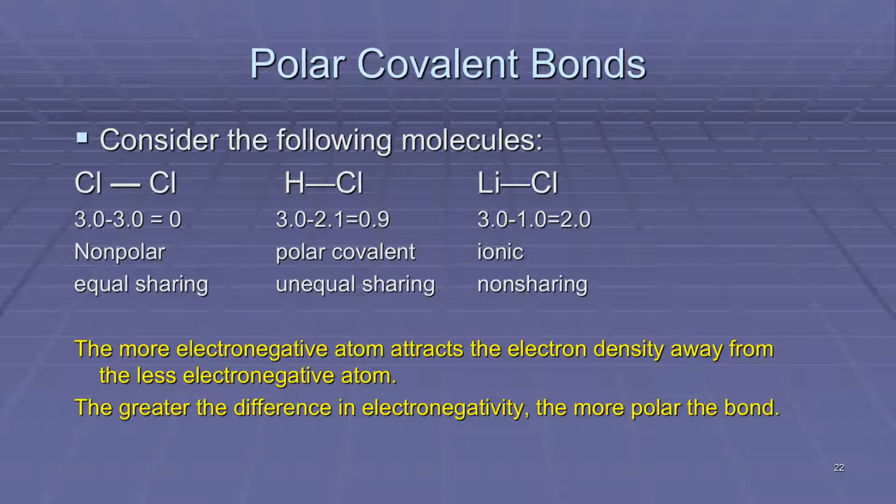So since chlorine has the larger number, the chlorine will be the negative end and the hydrogen will be the positive end. The bond between lithium and chlorine is so different, 3 minus 1 is 2.0, that we pretty much consider that an ionic bond. And so there's not even any sharing of electrons. The lithium has totally given up the electron and chlorine has totally grabbed the electron.